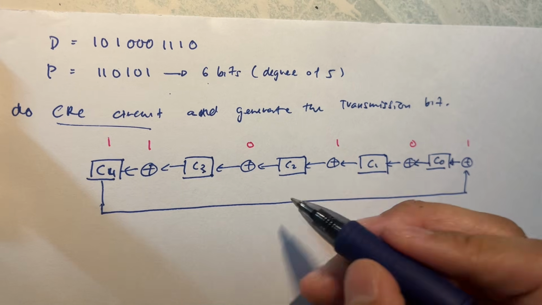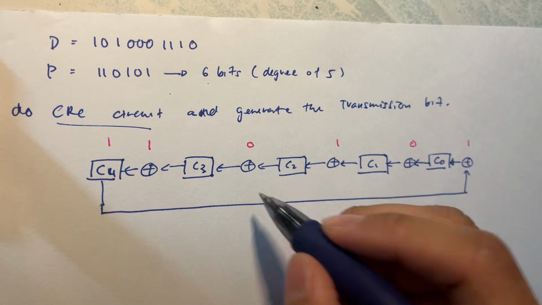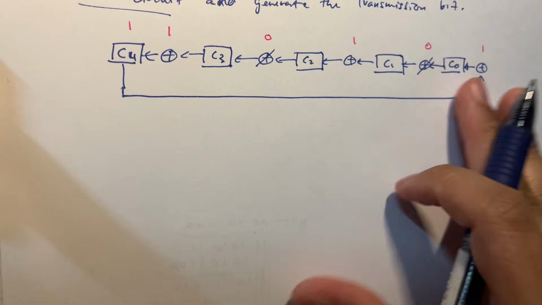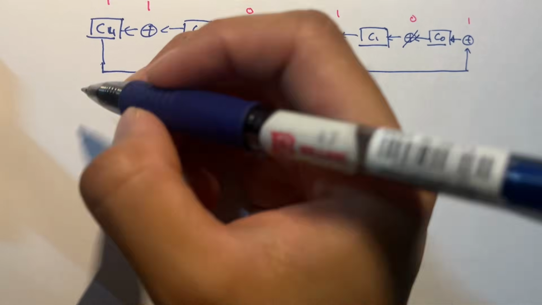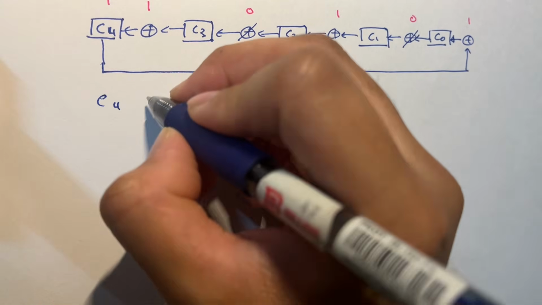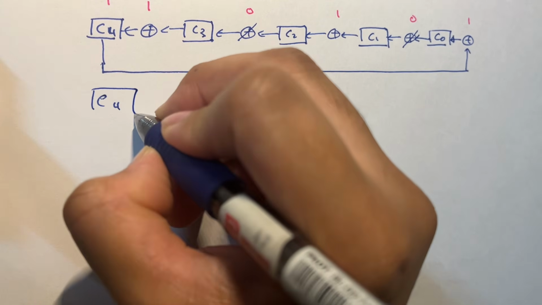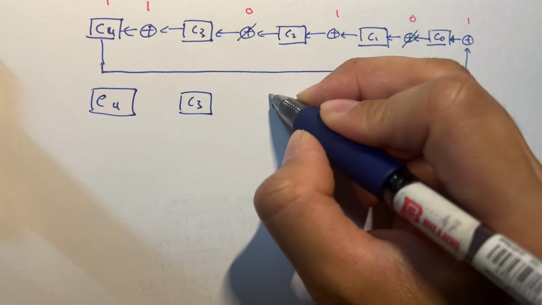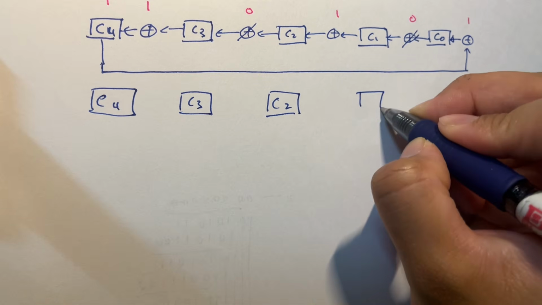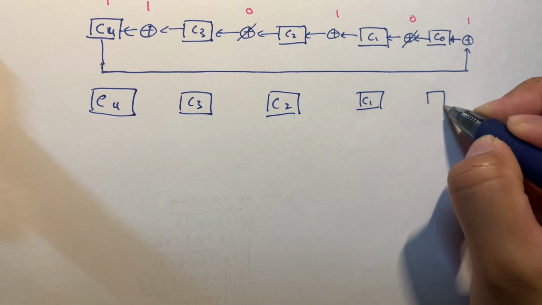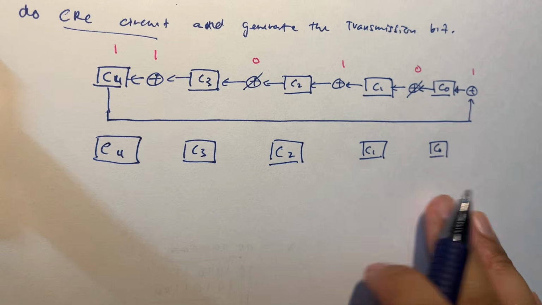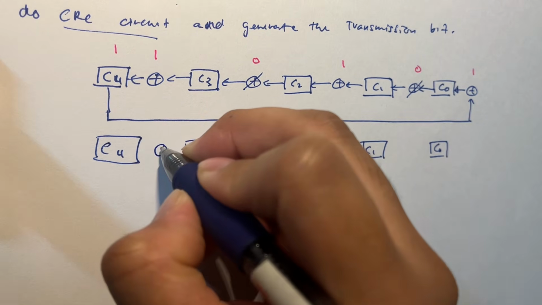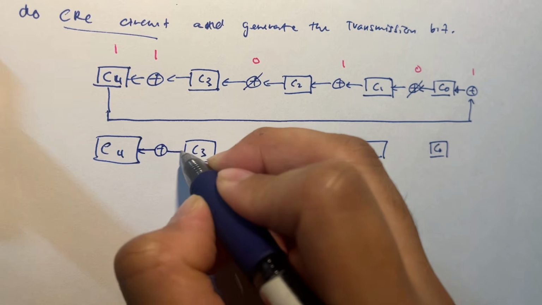Any of the XOR gate that has 0 bits, you cancel it out and then you generate the final circuit, which is C4, C3, C2, C1, and C0. Like I said before, any XOR gate that has 0, you just cancel it out to have it look like this.